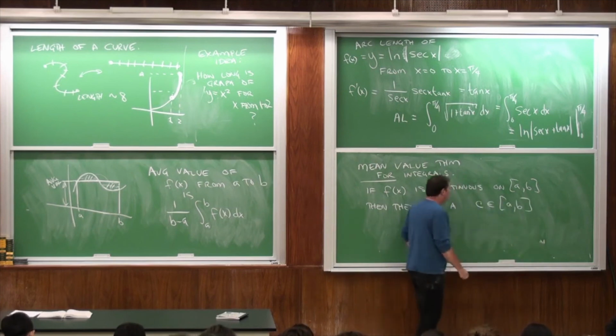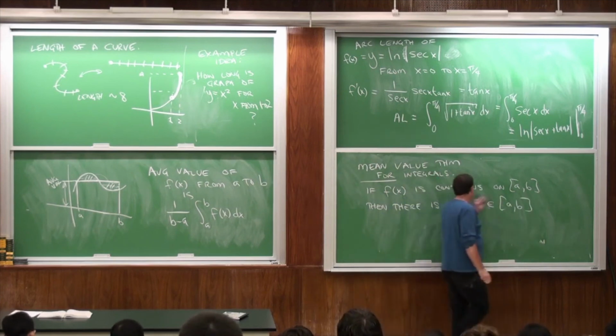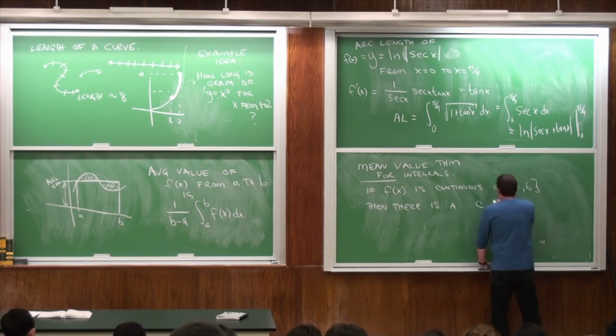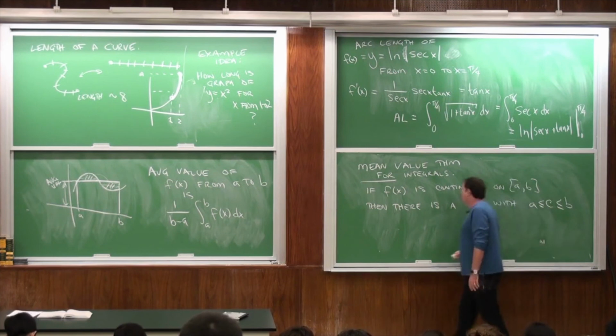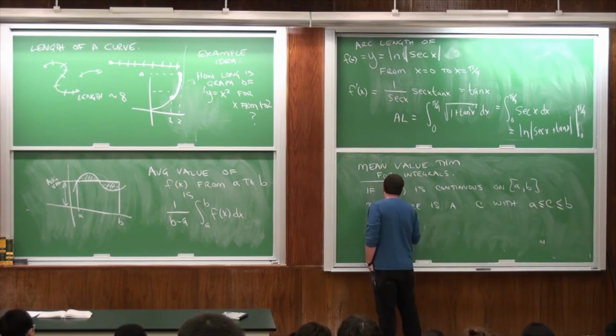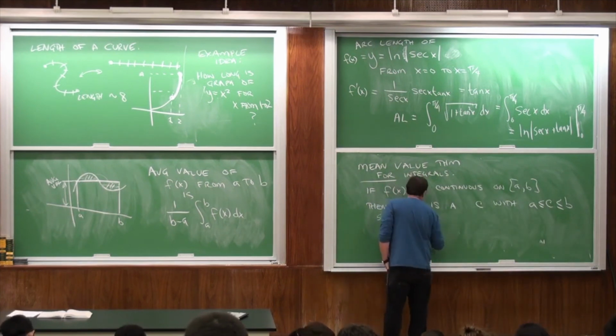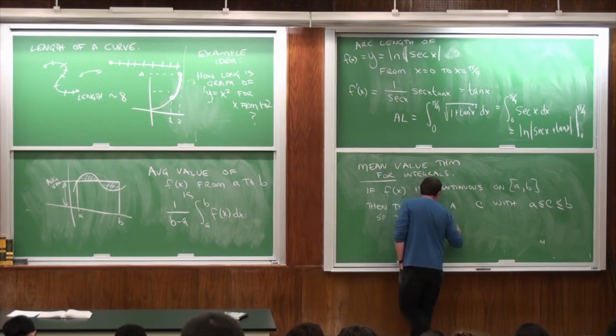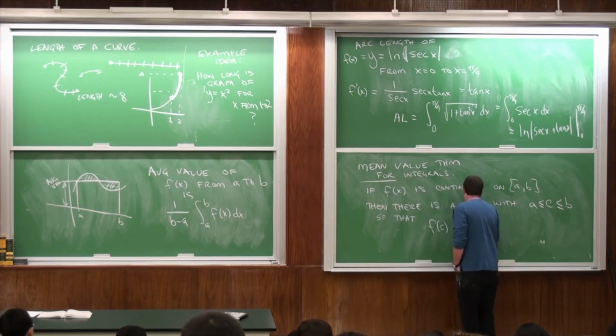So there's some C, with C between A and B, so that the value of the function is the same as the average value.